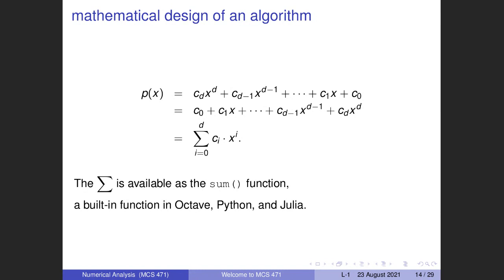Now, how do we design an algorithm? All our algorithms solve mathematical problems, so we can write it shorter. That's the neat thing about mathematics: often we have very shorthand notation. What we are doing is summing evaluated terms, and here we have the big sigma.